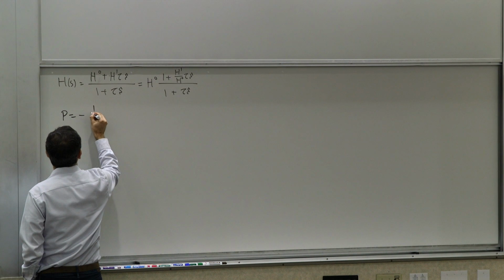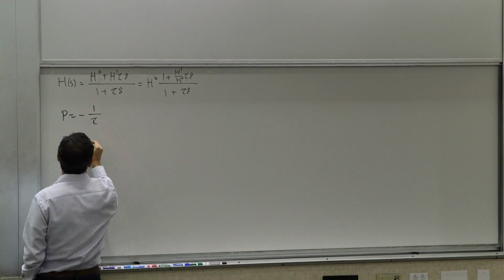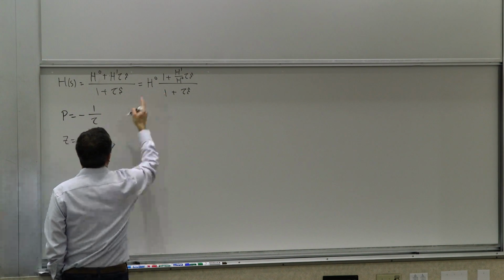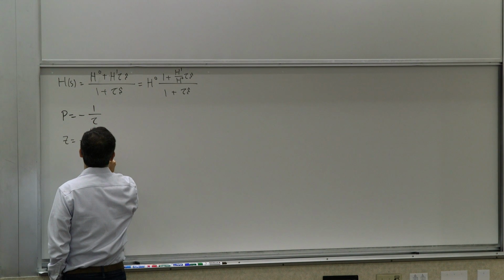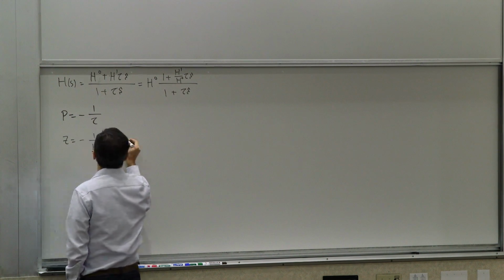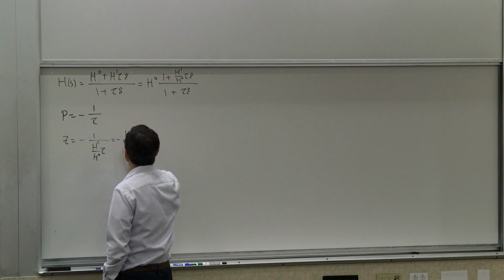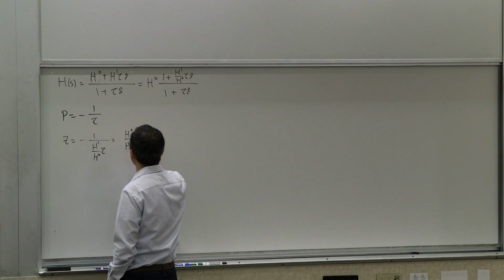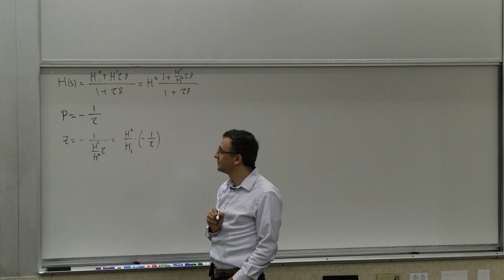P, the pole, is negative 1 over tau. And z is at negative 1 over that entire expression, which is h1 over h0 tau, which is negative h0 over h1 times negative 1 over tau, right?